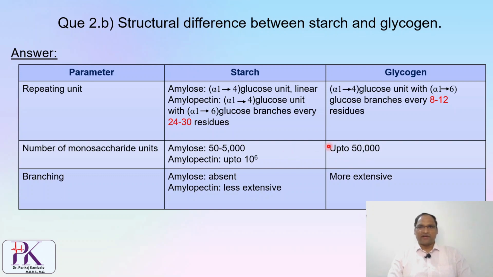This is the second structural difference. With respect to branching, we have already seen amylose is a linear structure, so there is no branching. In amylopectin, the branching is less extensive, and in glycogen, the branching is more extensive. So this is the structural difference between starch and glycogen.